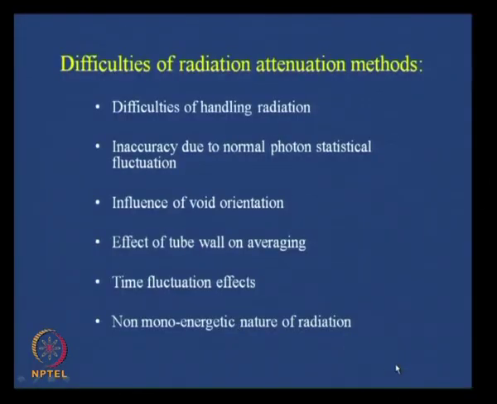The next point which I had written down is the time fluctuating effects. Keep in mind that this is very, very important, particularly considering the time fluctuating characteristics of certain flow parameters, particularly in slug flow. Now, in order to reduce this, what do we do? We use two different sources which have widely different strength or intensity of the incident radiation.